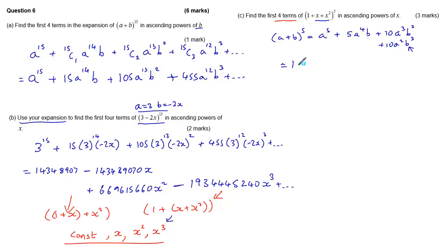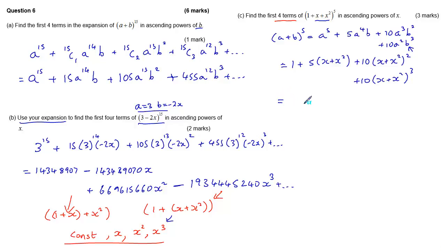that's going to give me 1 plus 5 times 1 times (x + x squared) plus 10 times 1 times (x + x squared) squared plus 10 (x + x squared) cubed.